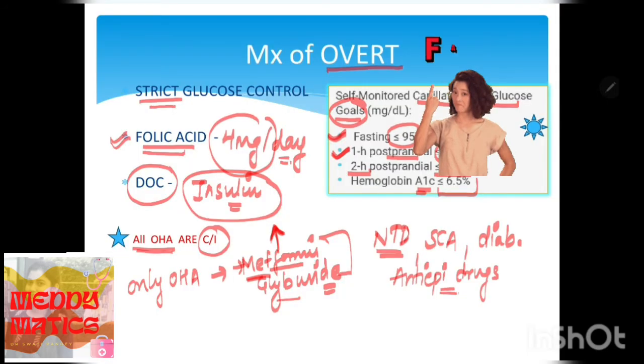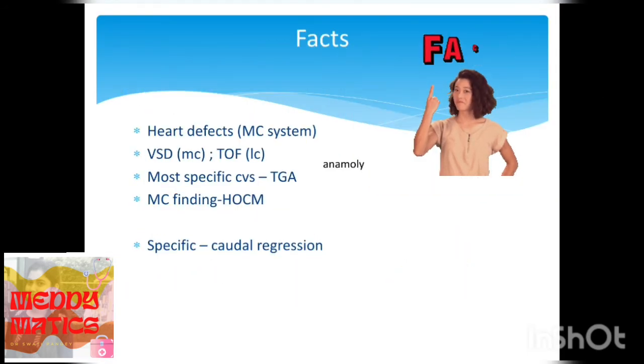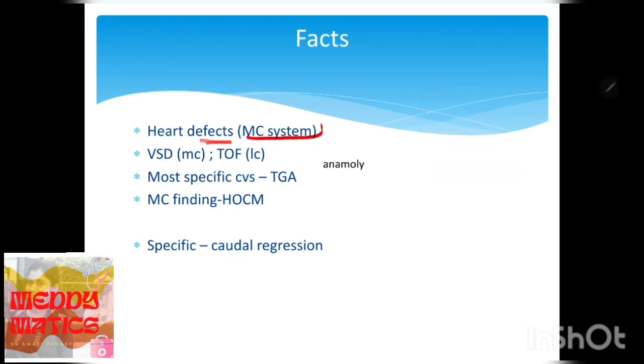Okay, so coming to the next slide, some facts regarding diabetes. In the congenital malformations seen in babies of diabetic mothers, the most common system involved is the heart.